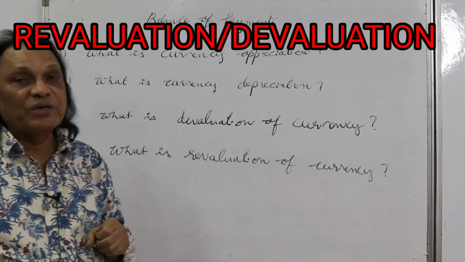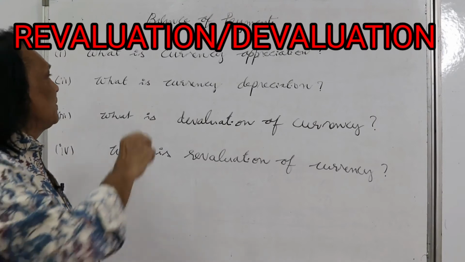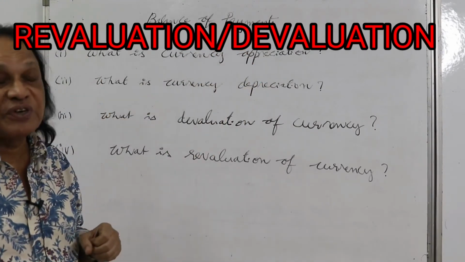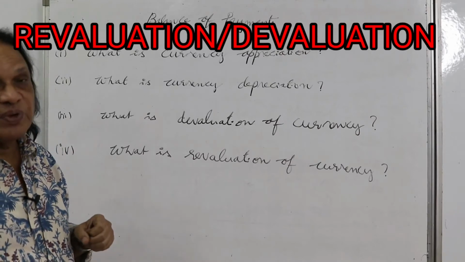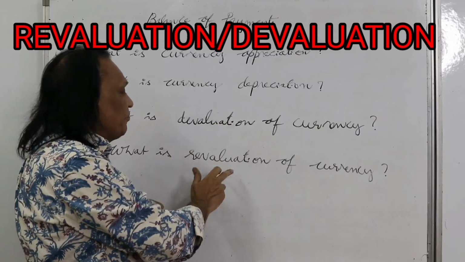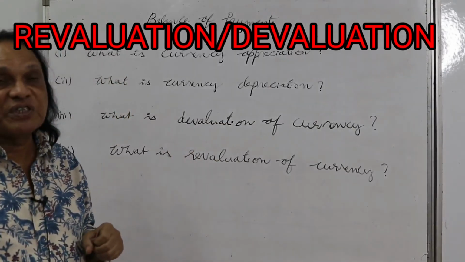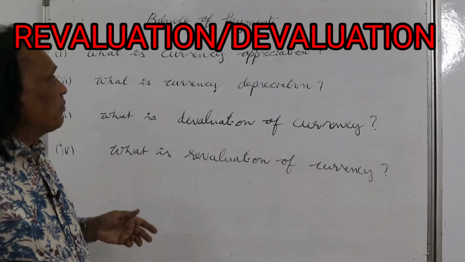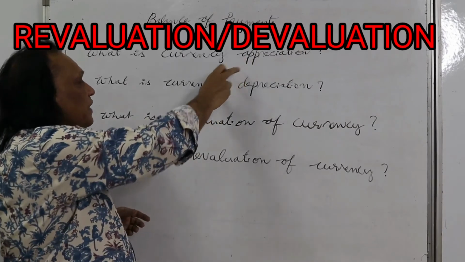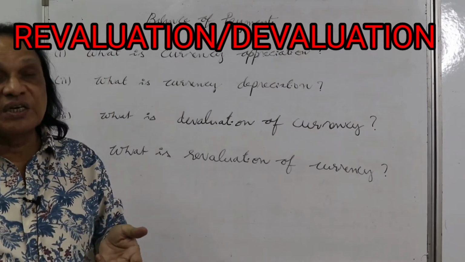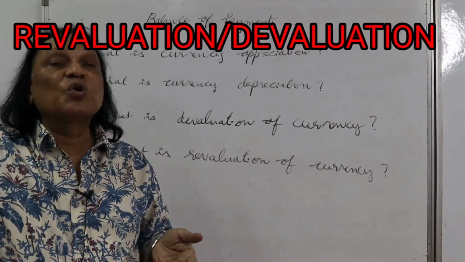Now we'll make a comparative study of these. So these two terms, appreciation and depreciation, we use under flexible or floating exchange rate. Devaluation and revaluation are the terms we use under fixed exchange rate system. Let's make a comparative study. Appreciation means when the value of our currency, that's domestic currency, in terms of foreign currency goes up.